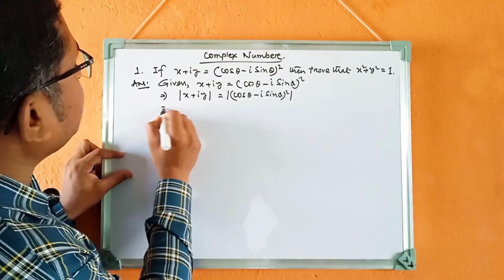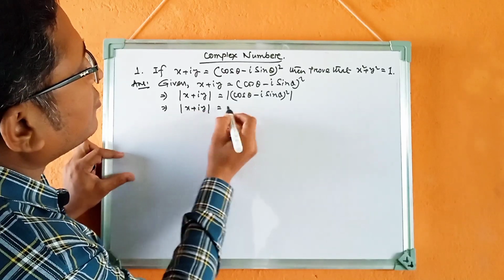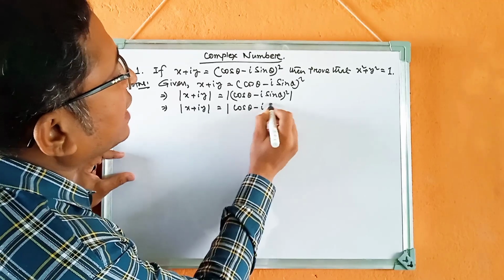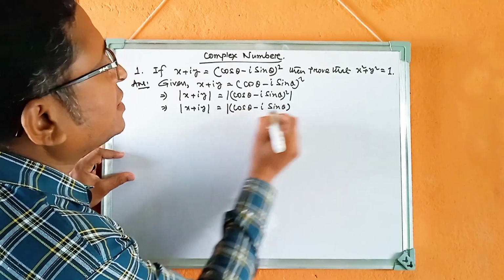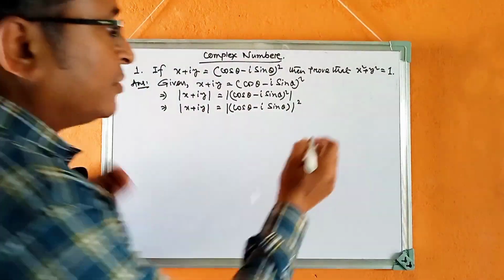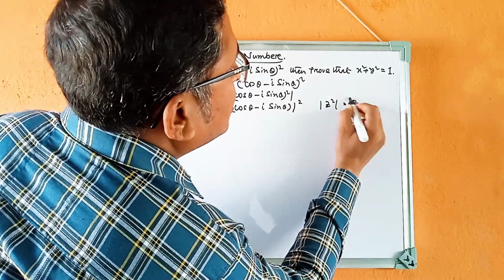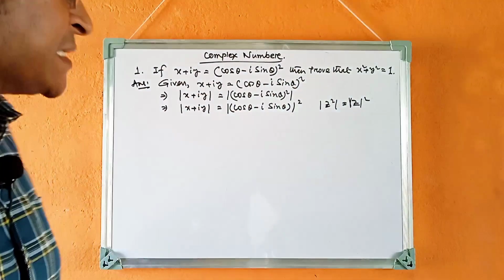Now see, mod of x plus iy equal to mod of cos theta minus i sin theta, and after that give whole square, because all of you know mod of z square equal to mod z whole square. We can write it using the properties of complex number.